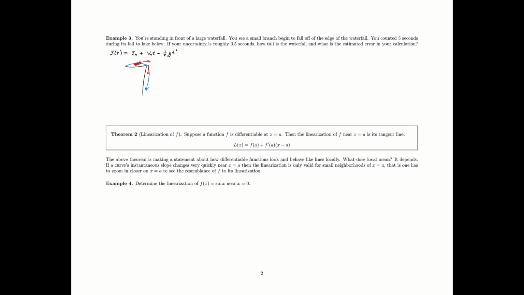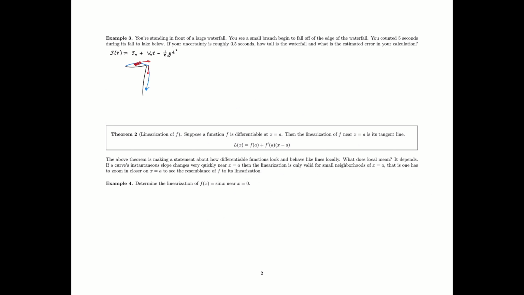So in this case, we're going to say that the initial velocity is 0 because it hasn't yet begun to fall. You know, when t is 0, that's exactly when it starts to fall. So its initial velocity vertically is 0.